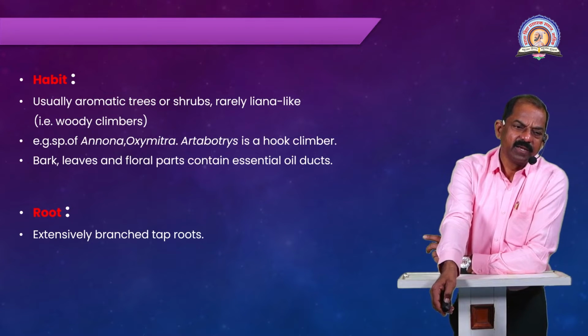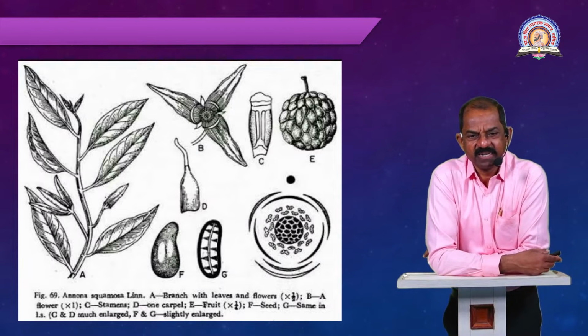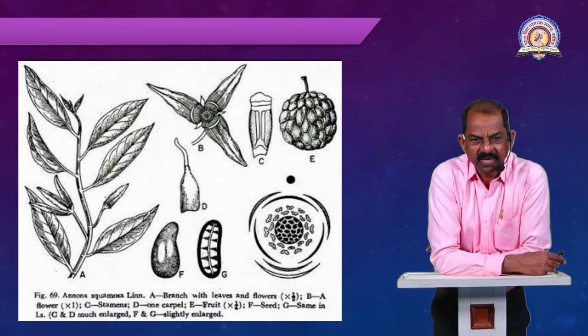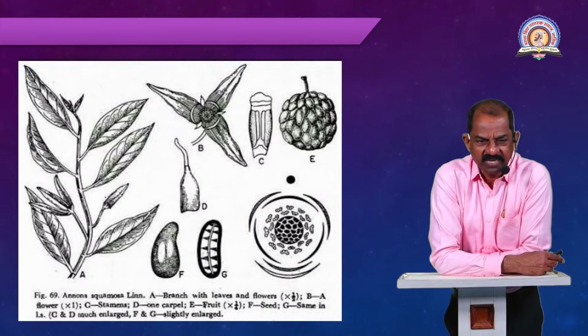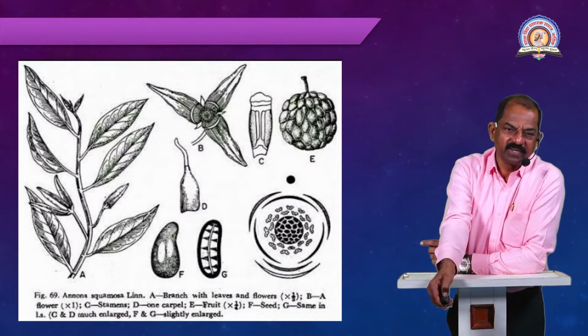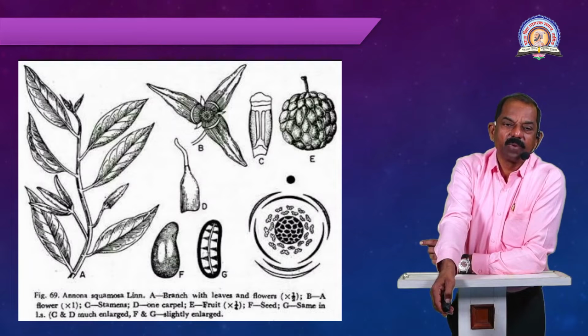Then the next characteristic is simply the habit of the plant. Then there are the calyx and the corolla, the fruit, and the gynoecium, which will be enlarged and shown here. That is about the plant.